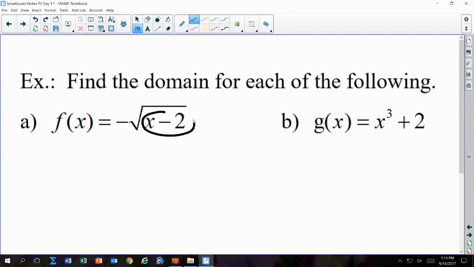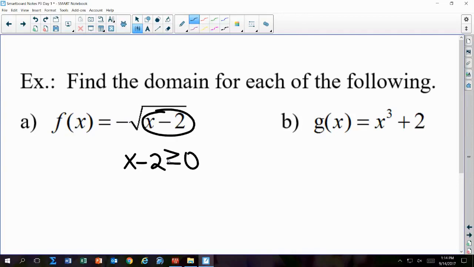So this expression underneath the square root, we know cannot be a negative value because then I cannot take a square root of a negative value. So in other words, this x minus 2, whatever that value represents, is going to either have to be equal to 0 or greater than 0. Okay? Whatever x minus 2 represents has to be a positive value or 0.